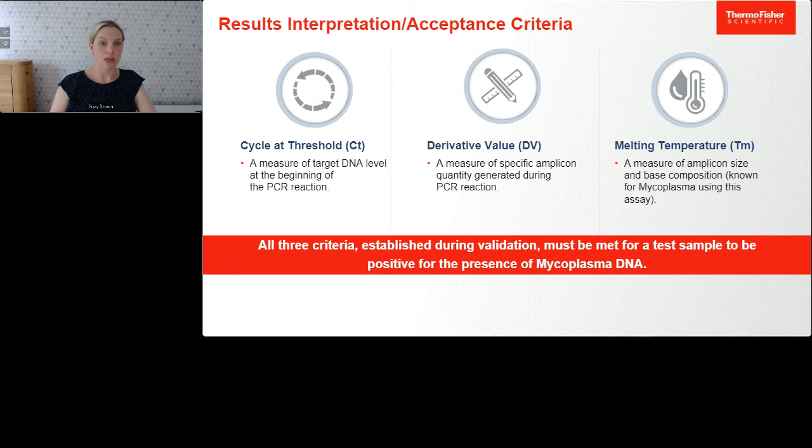So these 3 criteria, which would be established by our customers during their validation, must then be met for a sample to be considered positive for the presence of Mycoplasma. And just to highlight here, because we're using a multi-primer PCR approach, it means that outside of your controls, you only need 1 PCR reaction per sample.